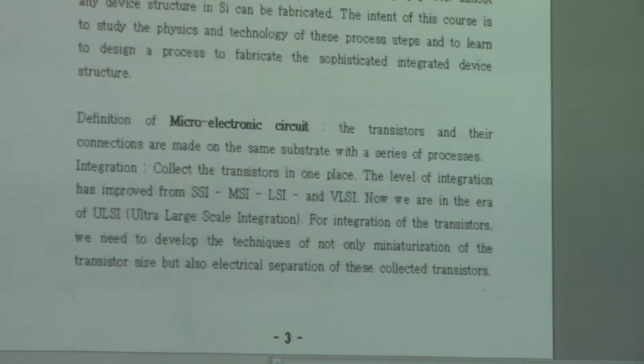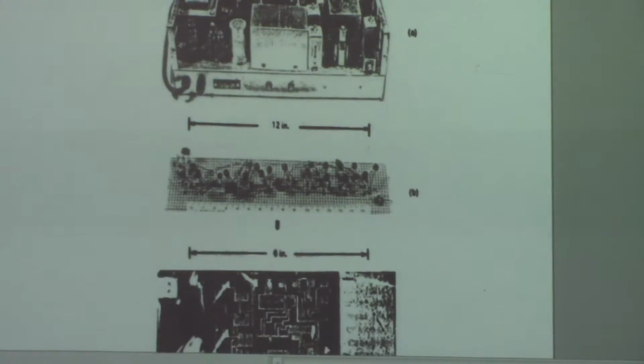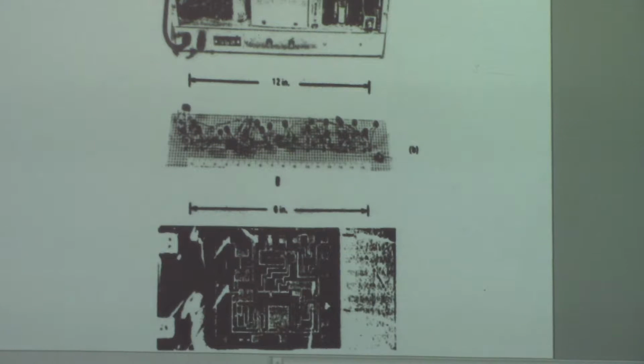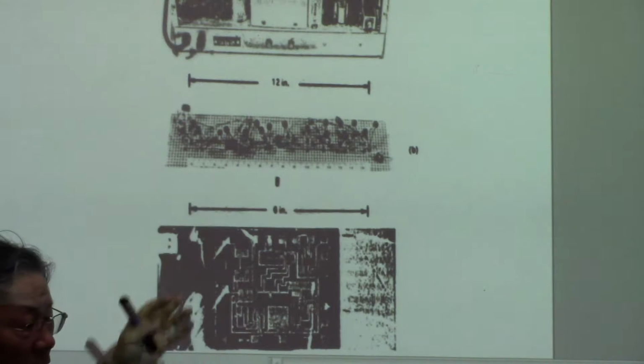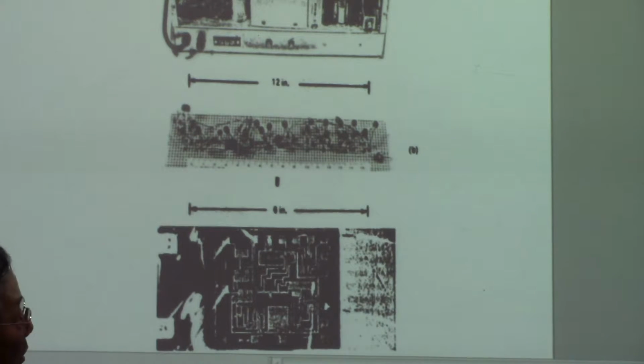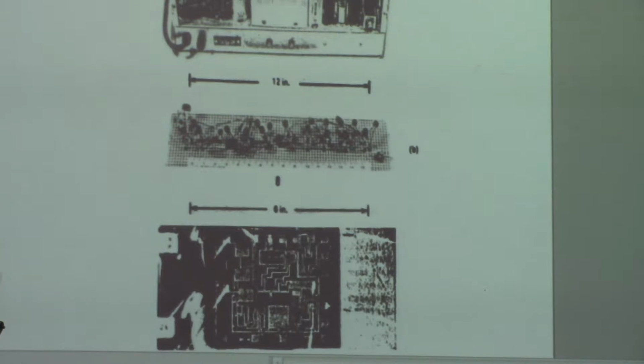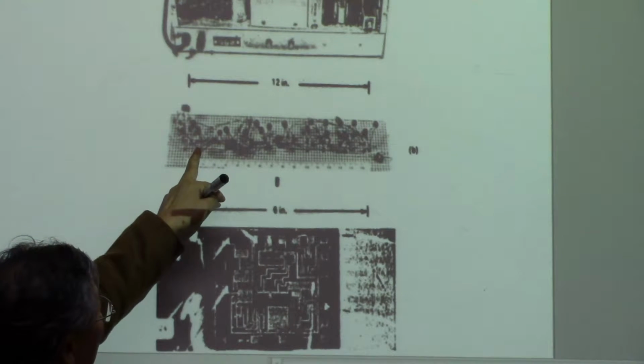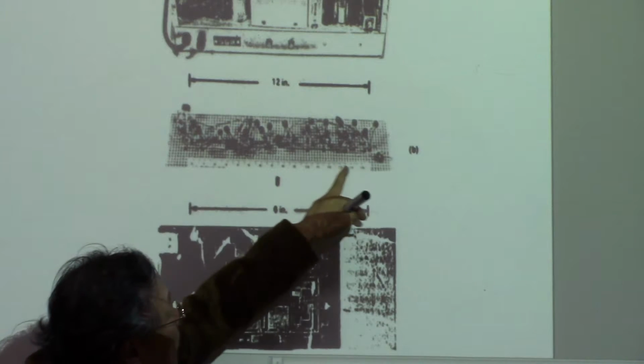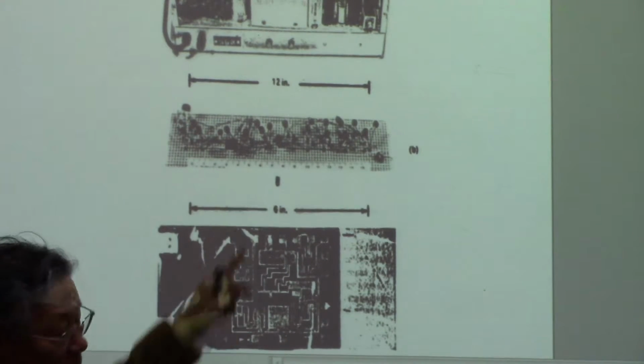This is actually the size of a radio, and it says in the vacuum tube era, the minimum size is about 12 inches in length. Then when we have semiconductor all solid state transistors, but we can only make discrete devices, every transistor is connected on the board, something like this, which is B.